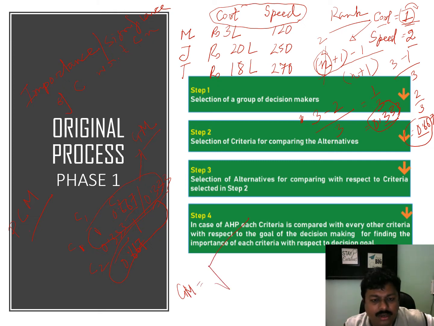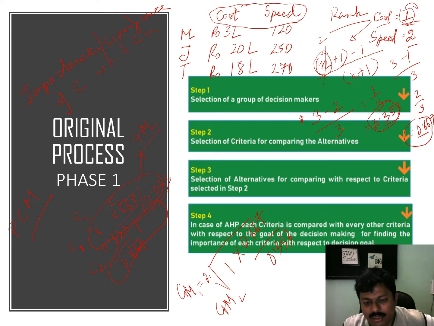Root over this 1 multiplied by 0.667 by 0.333, root over of, as there are two number of variables, so it will be root over of 2. If there are three number of variables, this will be root over of 3, and so on. Now you will find the geometric mean of the row 1 and row 2.